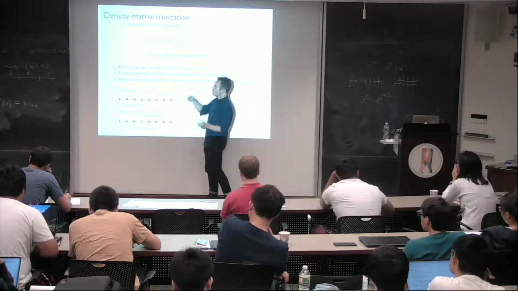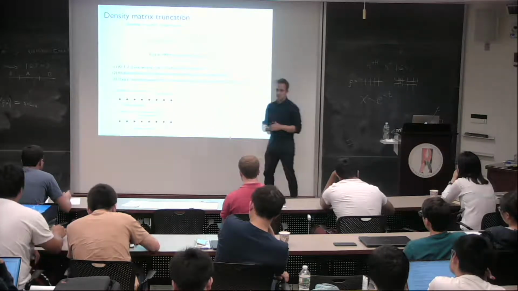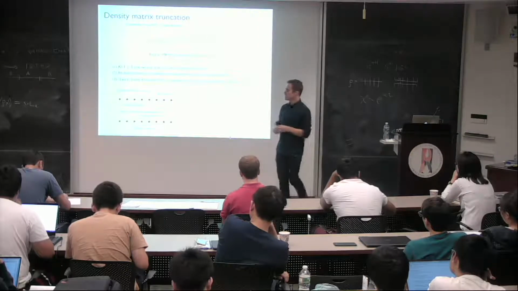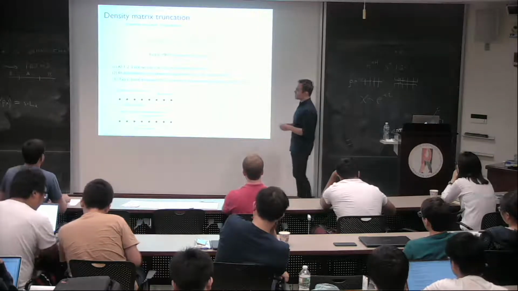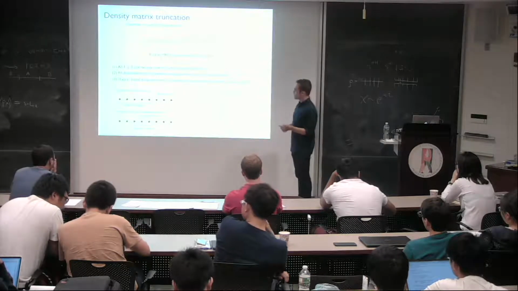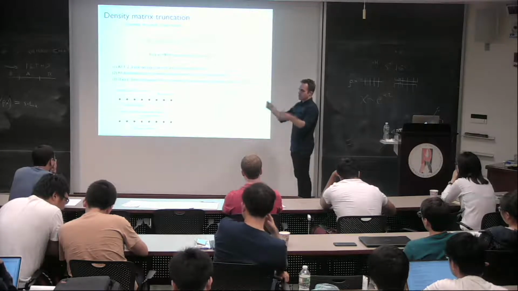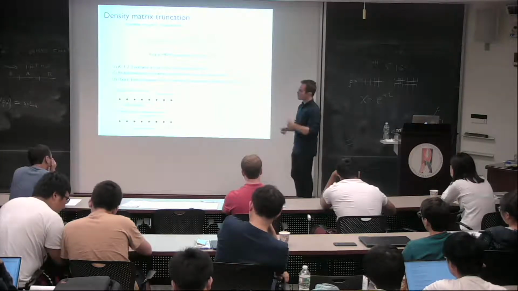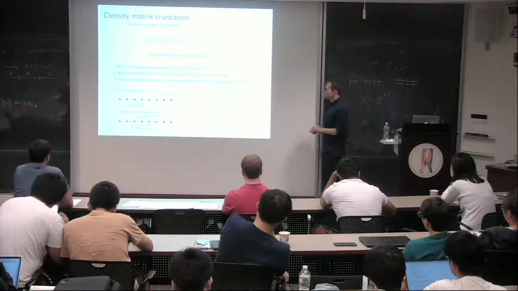In our version, it's somewhat arbitrary. We exactly keep the 1, 2, and 3-site density matrices. So it's sort of like going up to level 3 in the BBGKY hierarchy. It has the other property that all the disconnected correlations between sites crossing the bond that you're truncating are kept.